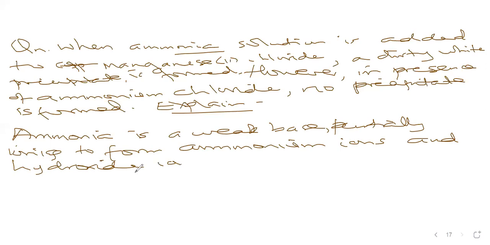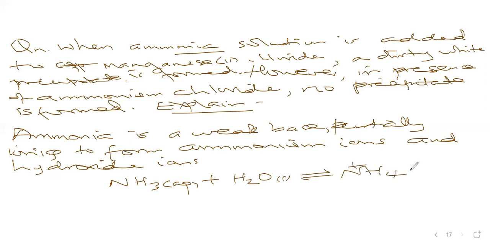I prefer calling them hydroxide ions than hydroxyl ions. Write the equation. But don't write as poor as I am doing. So that's the equation. Now it is these ions that are going to react with manganese 2 ions, to form the dirty white precipitate we are talking of.